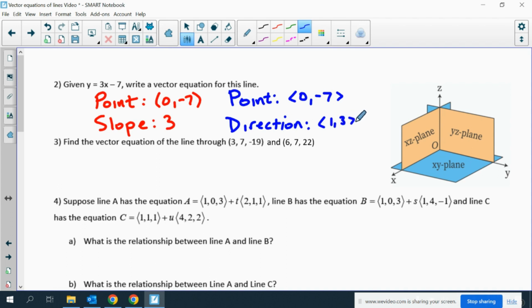So that would be (1, 3), or (-1, -3), or (2, 6), or anything along those lines. So the vector equation of the line would be (0, -7) plus t times (1, 3).